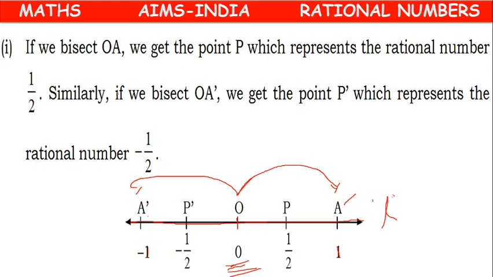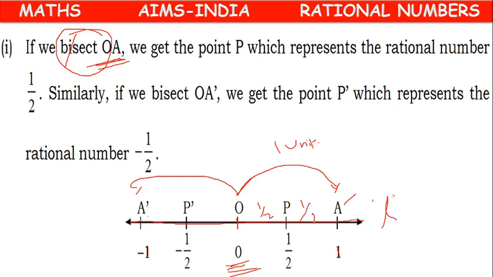Now, if we bisect OA, what is the meaning of bisect, children? Bisect means cutting into two equal parts. So if we bisect OA, what is the length of OA? 1 unit. If we make it into two parts, what do we get? Half unit.